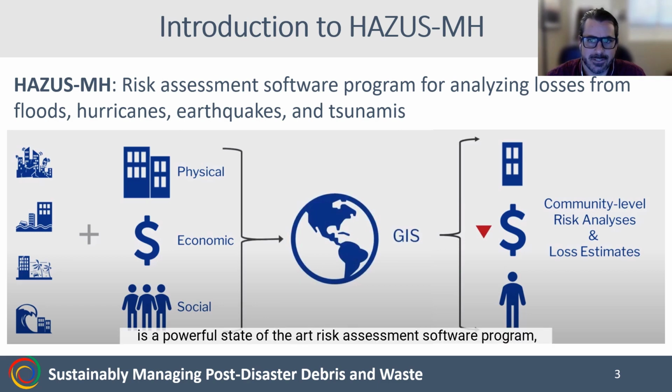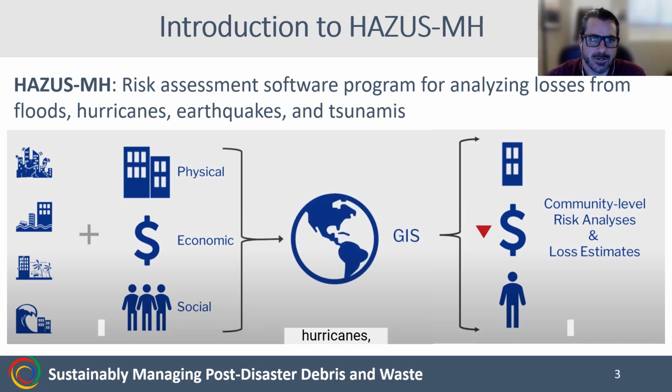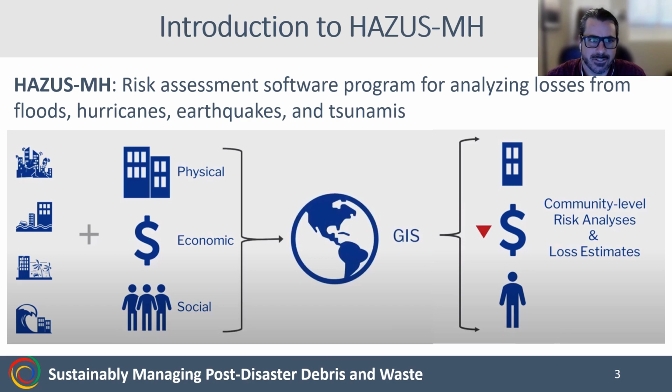HAZUS-MH is a powerful, state-of-the-art risk assessment software program developed and maintained by FEMA for analyzing potential losses from floods, hurricanes, earthquakes, and tsunamis. It has the capability of estimating both direct and indirect physical, economic, and social impacts resulting from a disaster event of interest.